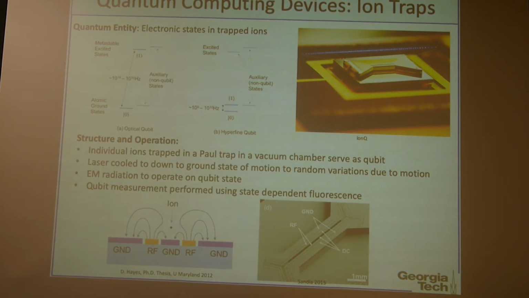Do you know what this element is? Ytterbium. So this is an element called ytterbium. Each of these dots that you see over here represents an ytterbium atom.